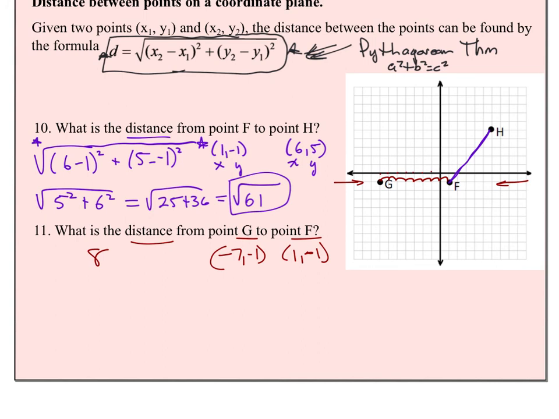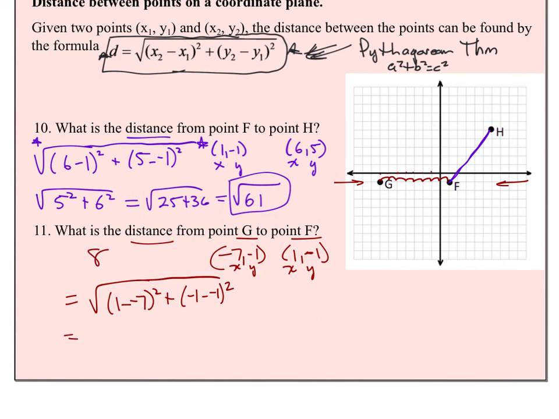Okay, can I do it using the distance formula? Absolutely, but you'll find something that happens kind of strange. So remember, X, Y, X, Y. So 1 minus a negative 7, and then negative 1 minus a negative 1, for y minus y.